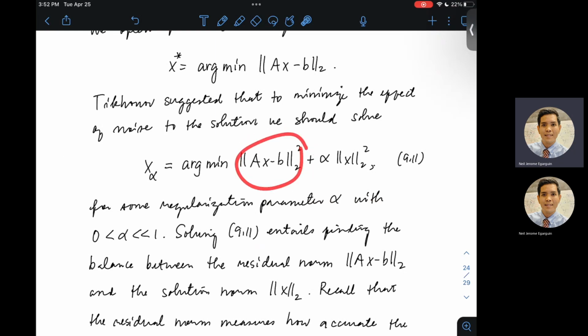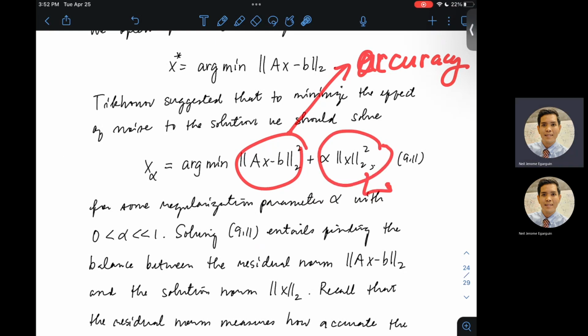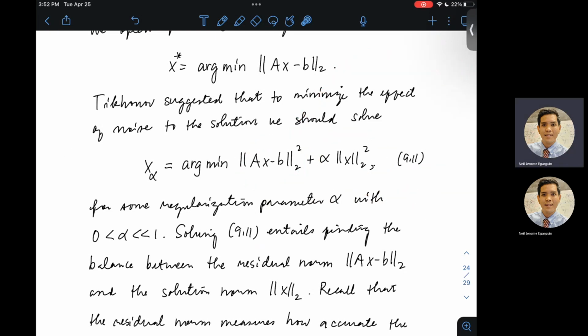So minimizing this term accounts for the accuracy of our solution. Then this added term takes care of the stability of the system. So essentially, this is a two-pronged attack. We want to minimize the error and at the same time minimize the instability of the system.